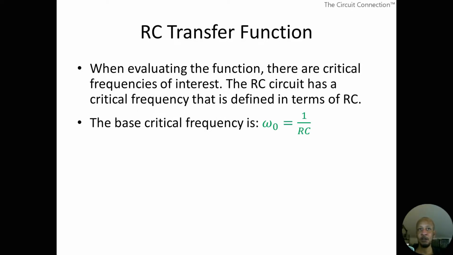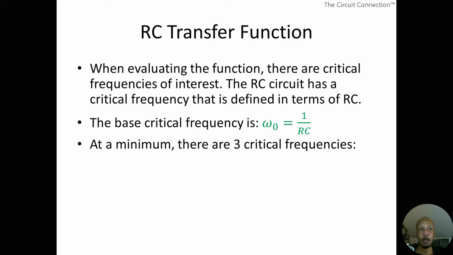So I don't say omega naught, I would say omega 0. But in my opinion, you really shouldn't even use 0. You should use omega C, for critical frequency. But again, going back to how I was talking before, I'm going to call that W, so I'm going to say W0. So the base critical frequency is W0 equals 1 over RC. And we'll get to why you can use that and how it makes sense.